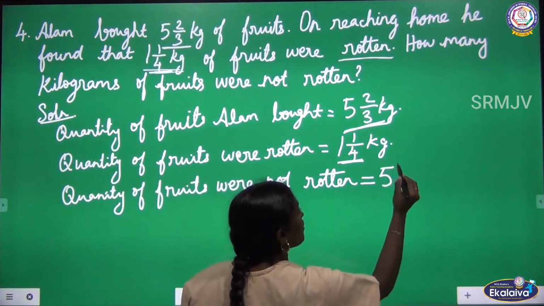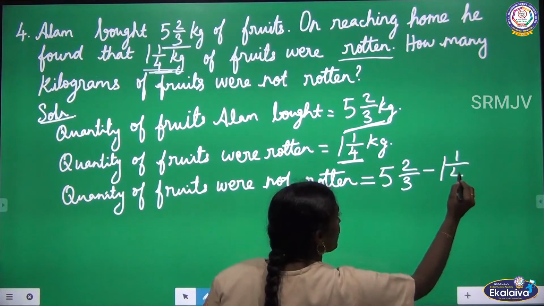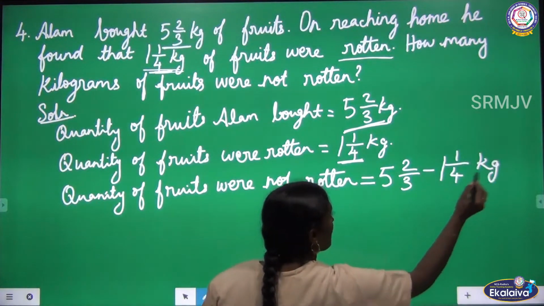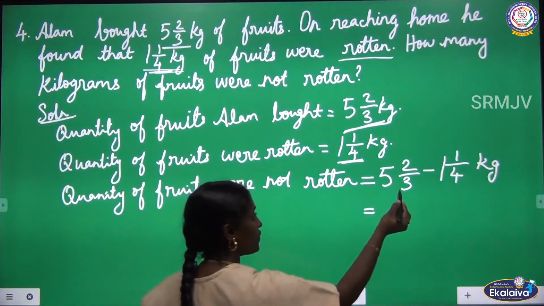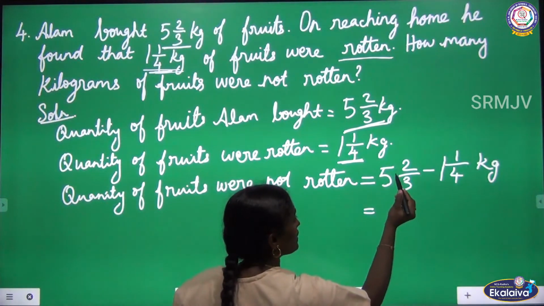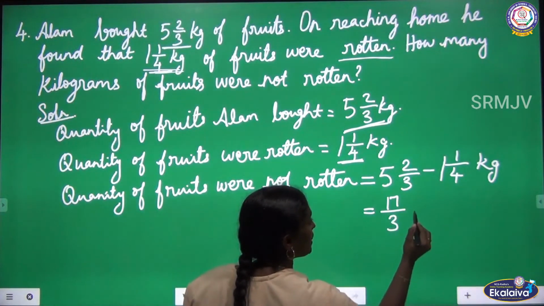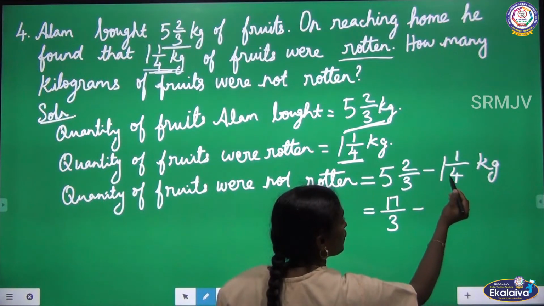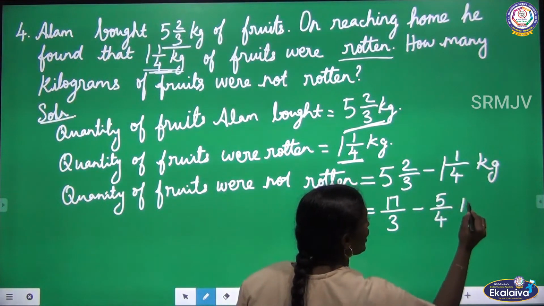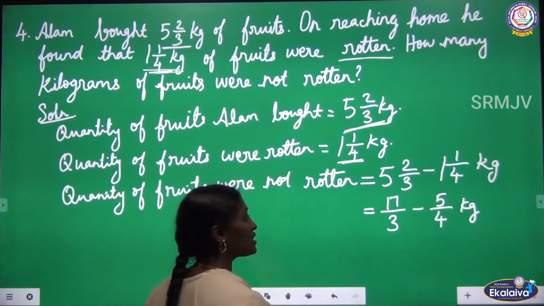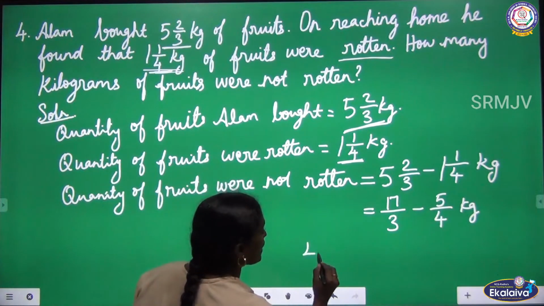Okay, so 5 2/3 minus 1 4/5 kilogram. Here these two fractions are mixed numbers, so we are going to convert them into improper fractions. 5 3s are 15, 15 plus 2 17, that is 17/3 minus 5 4s are 20, 20 plus 4 is 24, 24/5 kilogram. Here these two fractions are unlike fractions, so we have to convert them into like fractions.